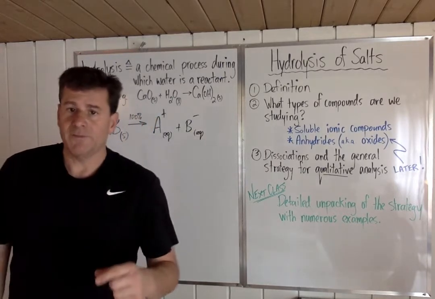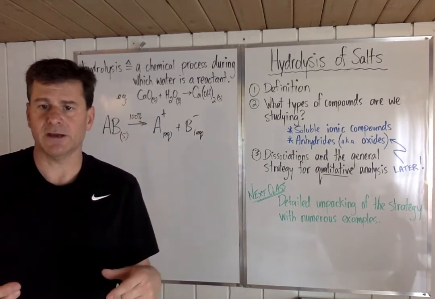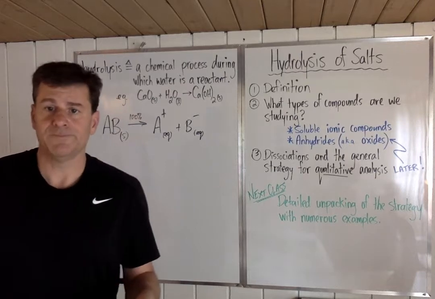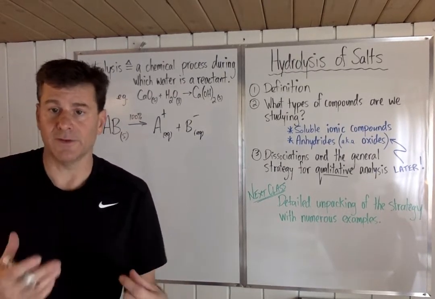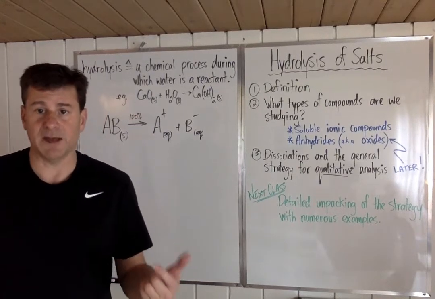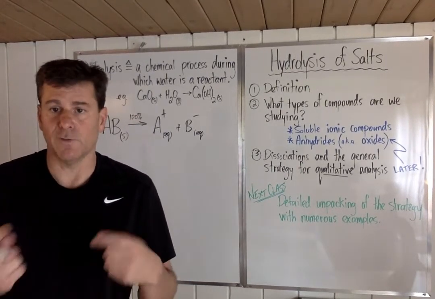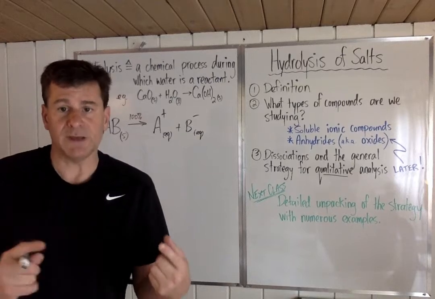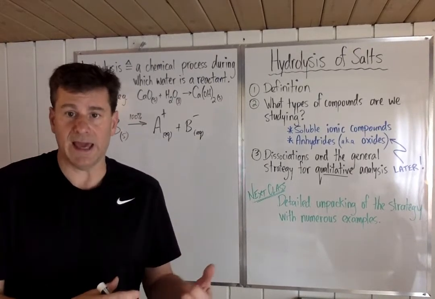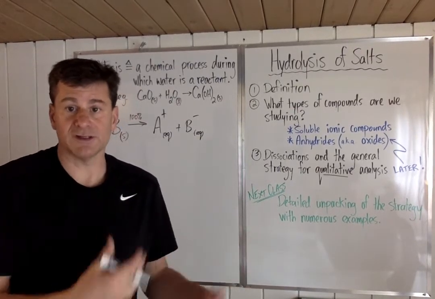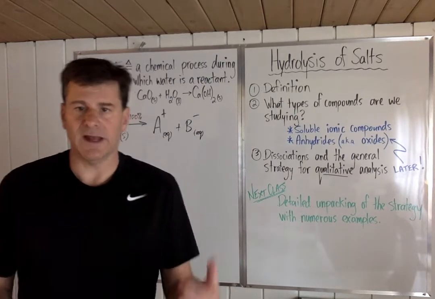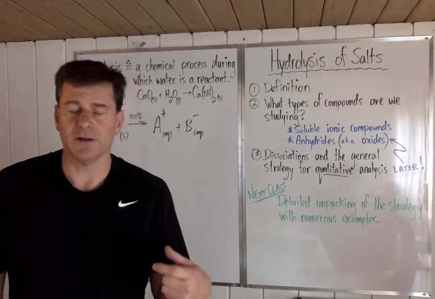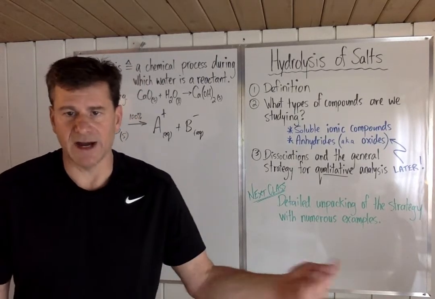But be very careful, because the generic formula AB only tells you the ratio that those ions are in. If I put AB, it tells you they're in a ratio of 1 to 1. That's all it tells you, which means that on the product side, you get 1 A and 1 B, whatever charge they are. So you can't just assume that if AB is an ionic compound, the charges are +1 and -1.